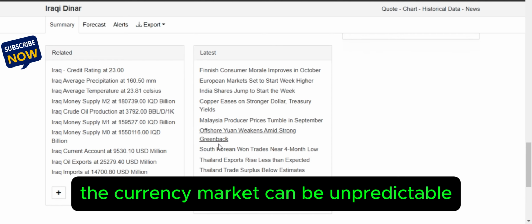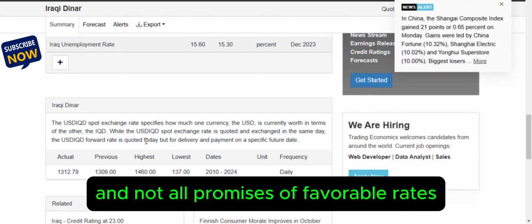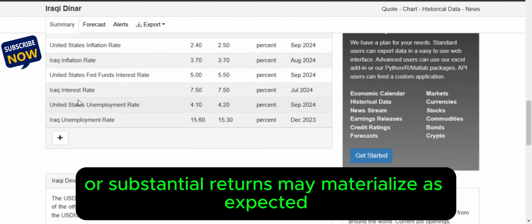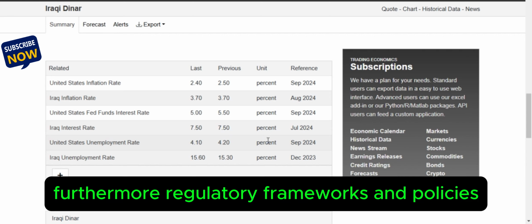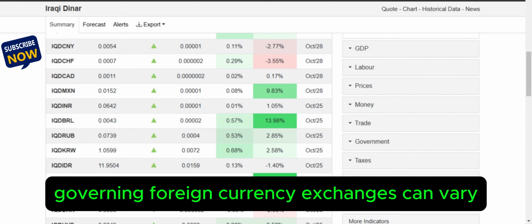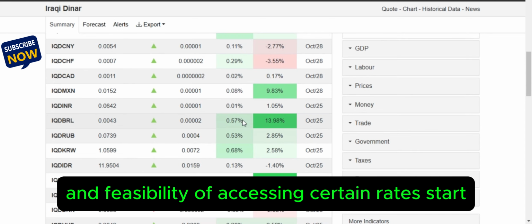The currency market can be unpredictable, and not all promises of favorable rates or substantial returns may materialize as expected. Furthermore, regulatory frameworks and policies governing foreign currency exchanges can vary, influencing the legality and feasibility of accessing certain rates.